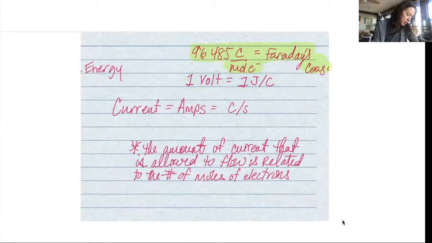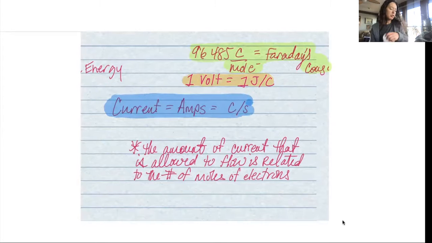This will be a new one, I believe. Current. You will be given a current, or you will be asked for time and need to incorporate a current, okay? So you need to see that a current is given to you in amps, and an amp is a coulomb per second.